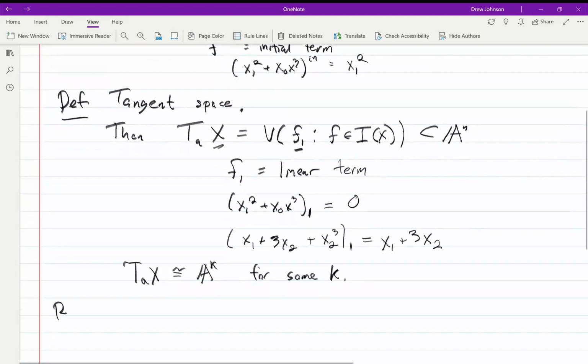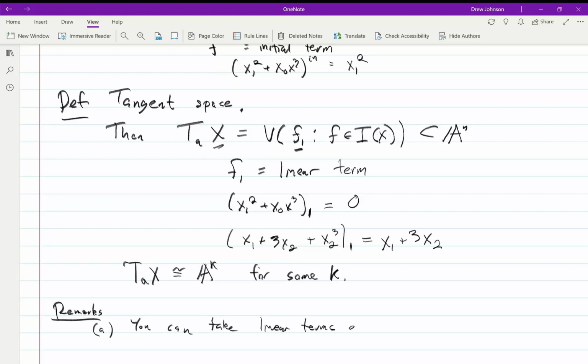Okay, some remarks about the tangent space. So A is that you can take the linear terms of a set of generators for I(X) to get the tangent space.